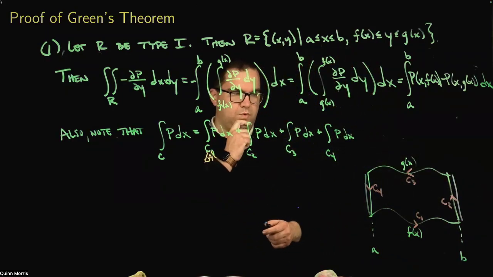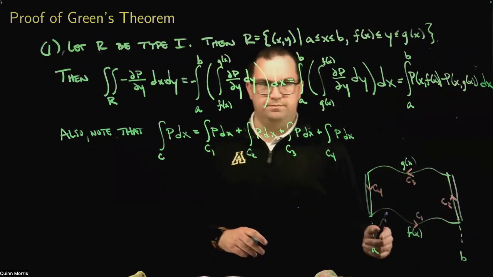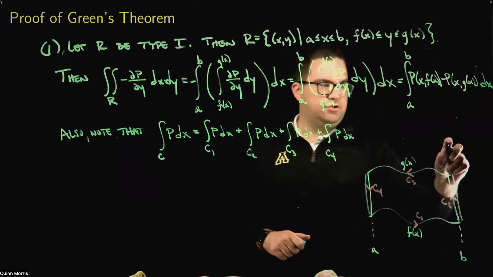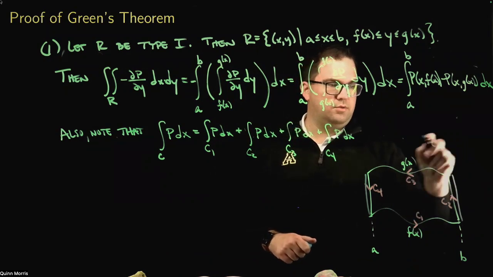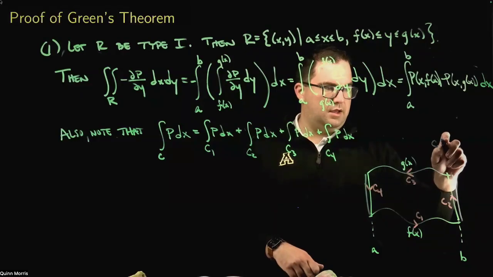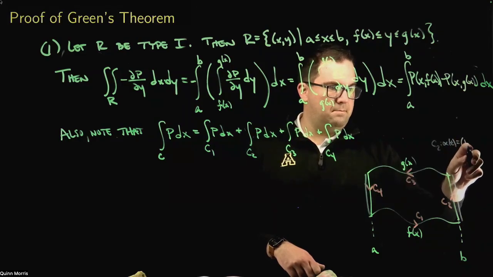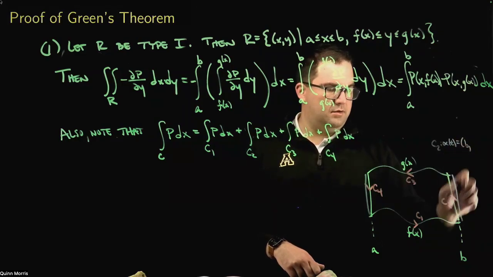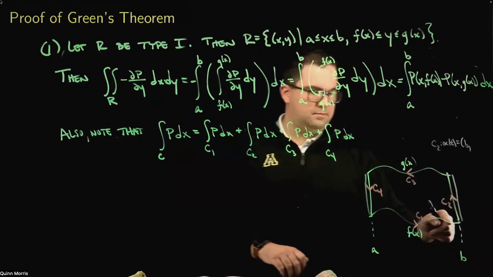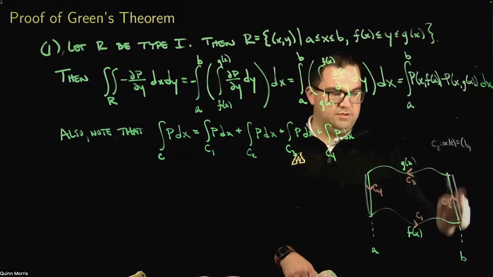All right. Now, immediately, if I think about what's going on along these two sides, what ought to be happening? If I think about this side, where I have C2, C2 could be parameterized as alpha of t equals b, comma, so my x value is b.